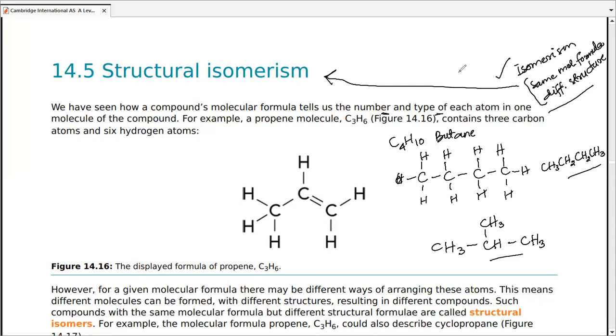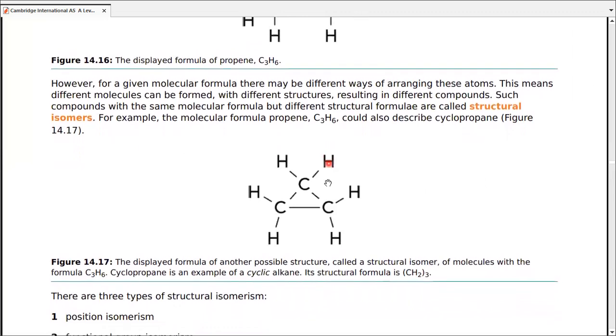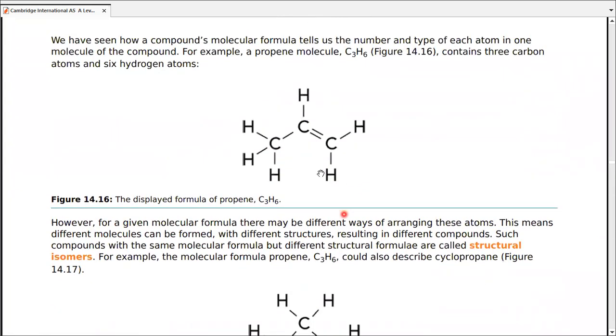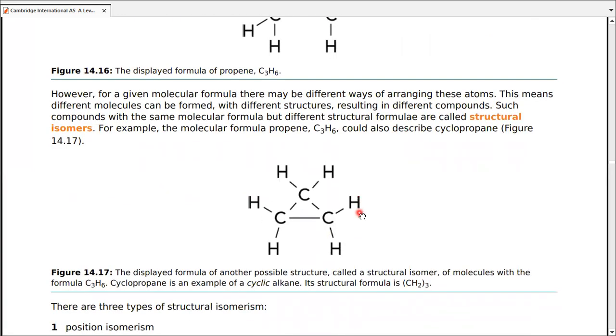Now, moving on, this is structural isomerism, which means you can draw them differently with a different structure, and we still have the same molecular formula. The book caters the example of C3H6. This is an alkene, and this is a cycloalkane.